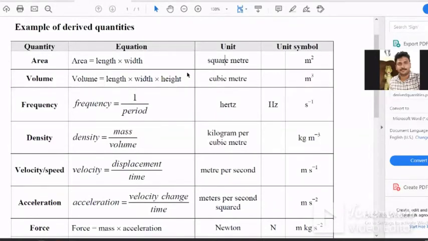Volume we can get by multiplying length, breadth and height. So these are called derived quantities. Hope your doubt is clear. Derived quantities are the quantities that are obtained by a formula. So we have area, volume, frequency, density. See, their formulas are given, and that's why they are all called derived quantities.